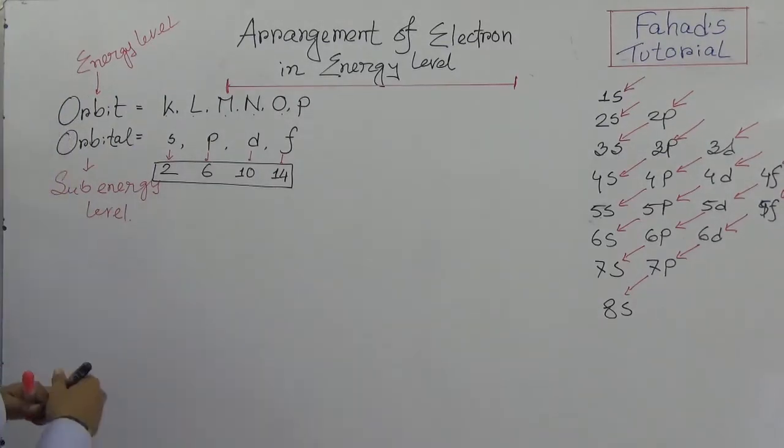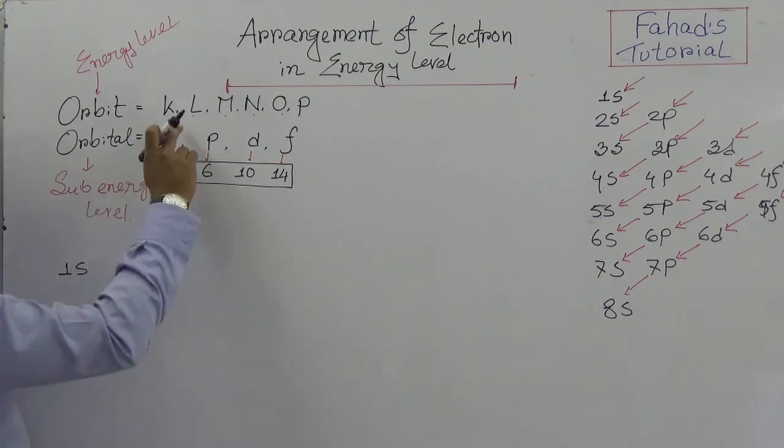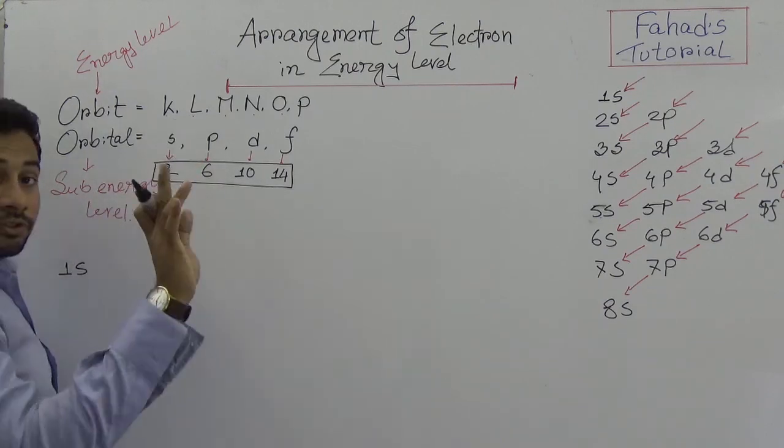Through this way we have the series of electron configuration, like 1s. As we know, an s orbital can have 2 electrons.